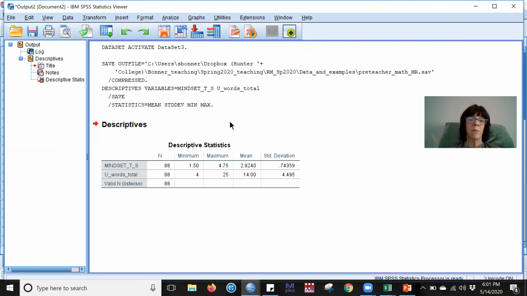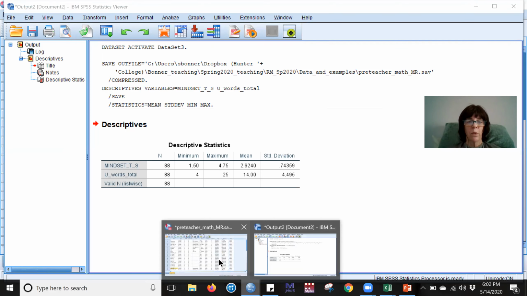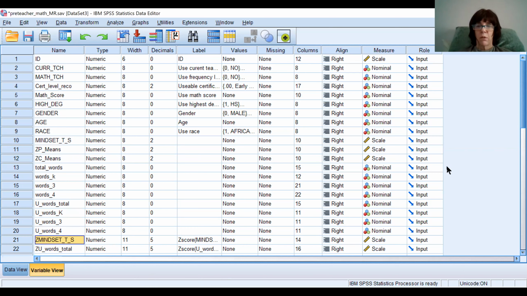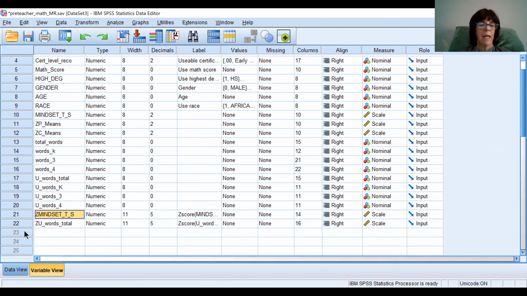We'll get the descriptive statistics, but we're not even going to look at them. What we're going to do is look at the variable view and see that we now have these z-scores, the standardized values.